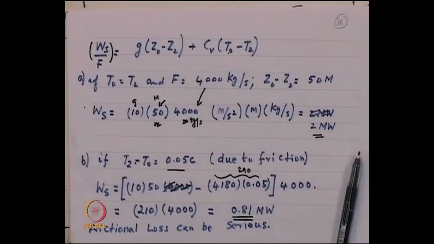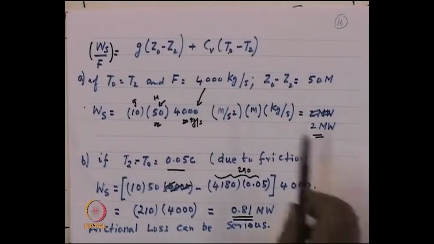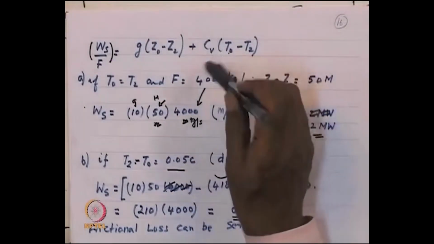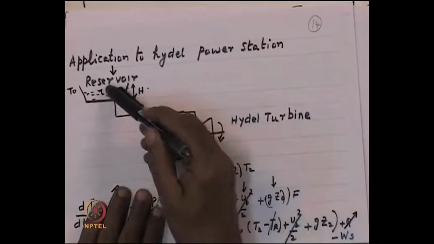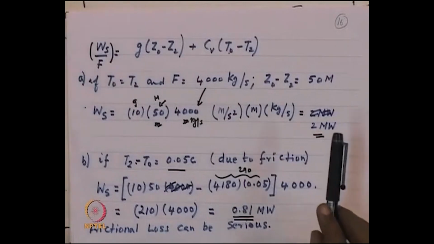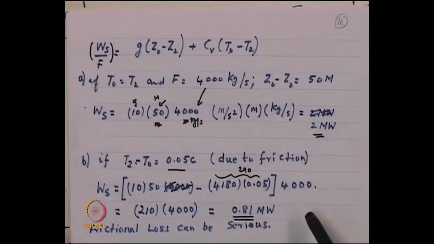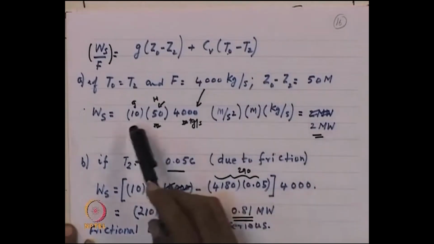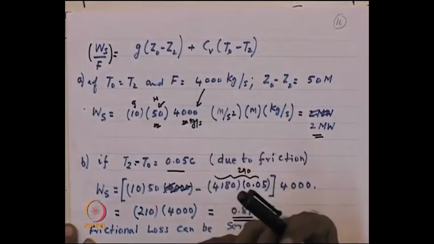Now, what we are trying to put across here is that in the energy balance, because we have taken into account the effect of change in the temperature of the fluids going in and coming out, that effect in a hydel turbine, as per these calculations, can be very significant. In fact, after all, energy in water is a form of mechanical energy.